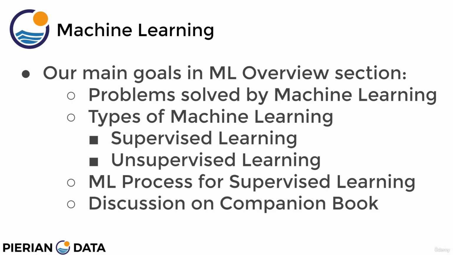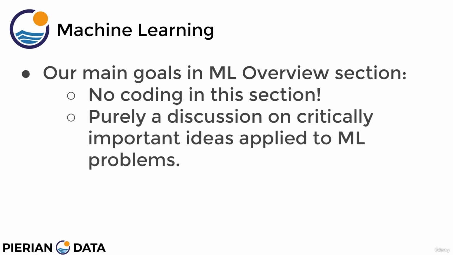Then later on in the course, we'll shift to unsupervised learning and have a deeper discussion on that. But since we start with so many supervised algorithms, this section does a deep dive into the supervised learning process. And then to cap it all off, we'll have a quick discussion on the companion book that goes throughout the machine learning algorithms. Keep in mind, in this section there is no coding.